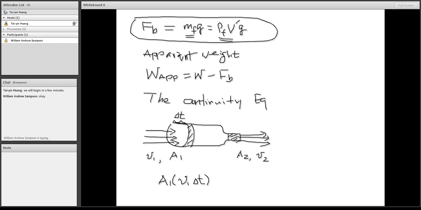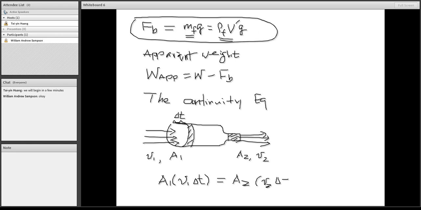Because the fluid is incompressible, the volume on the left must be equal to the volume on the right. So how to calculate the volume on the right? That'll be the cross-sectional area A2 times the velocity v2 times time, delta t.